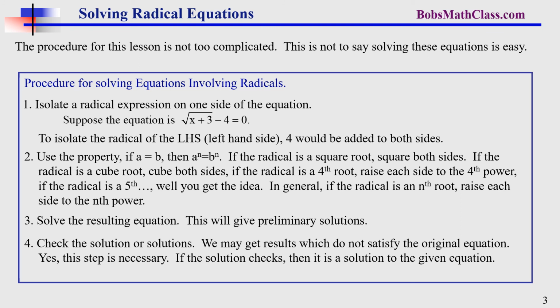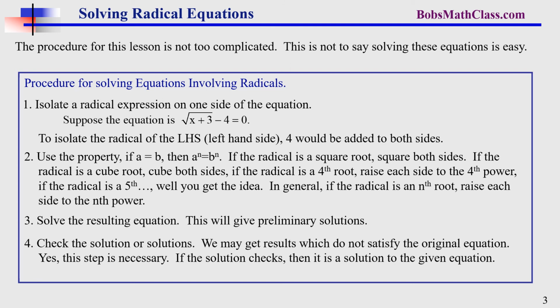If a equals b, then a to the n equals b to the n. If the radical is a square root, square both sides. If it's a cube root, cube both sides. If it's a fourth root, raise each side to the fourth power. If it's a fifth root, same thing, raise each side to the fifth power.